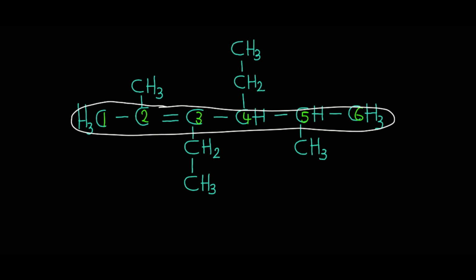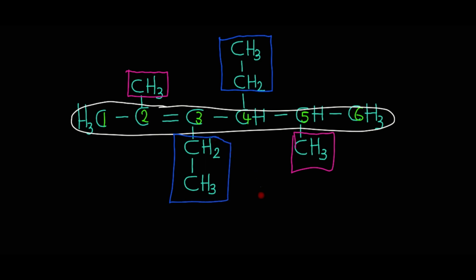But now notice that we have substituents. We have a branch here of 1 carbon, which is methyl, and then another branch here of 1 carbon, which is methyl, and then another branch here, but this one is 2 carbons, which is ethyl, and this one is 2 carbons, which is ethyl.